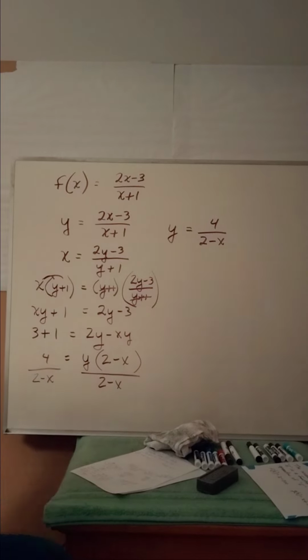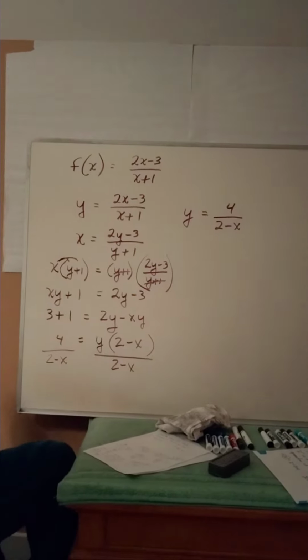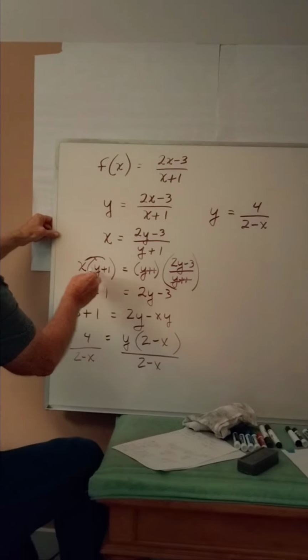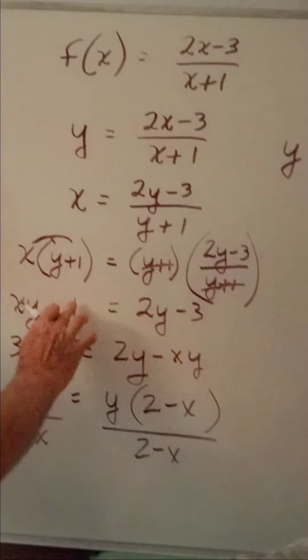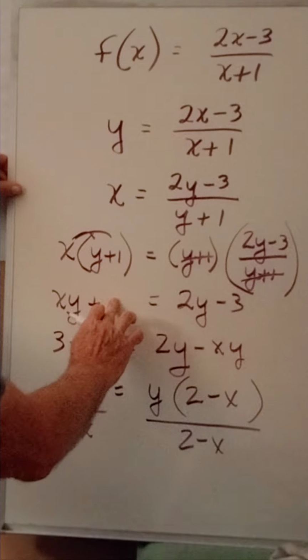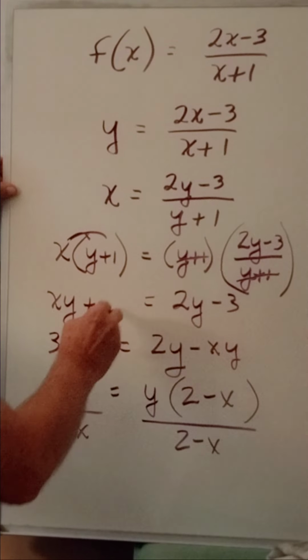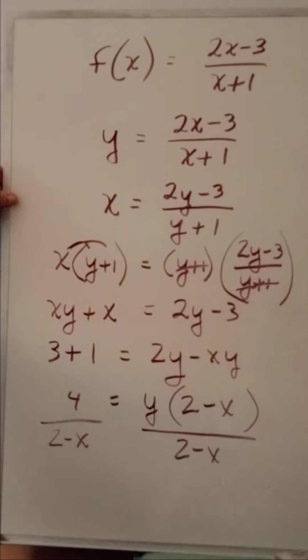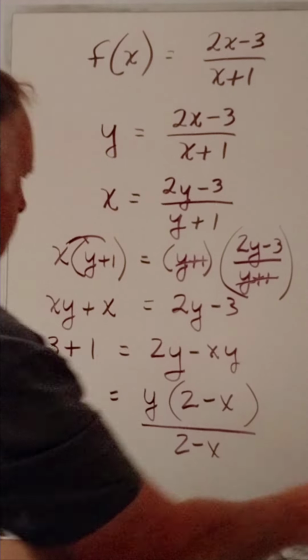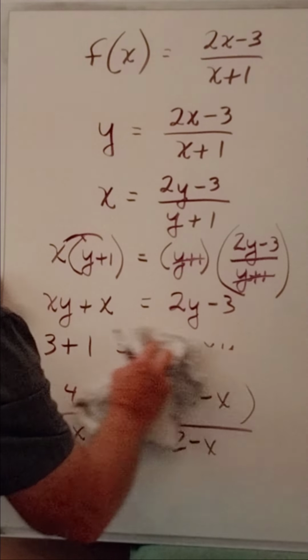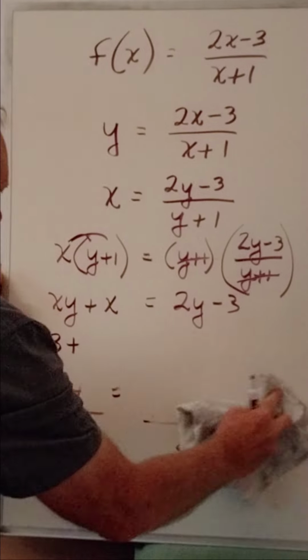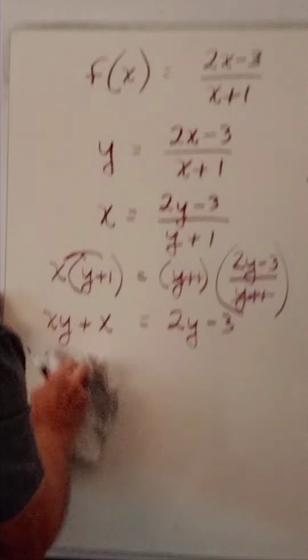Oh, that's where I lost it. Let's back it up. Instead of having xy plus 1, I felt something was wrong. Glad I saw it. xy plus x is equal to 2y minus 3. Sorry, but I'm human.